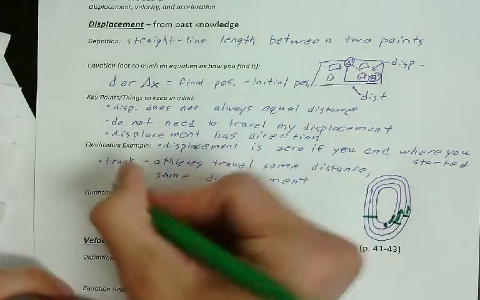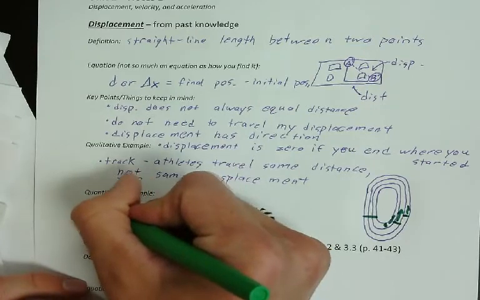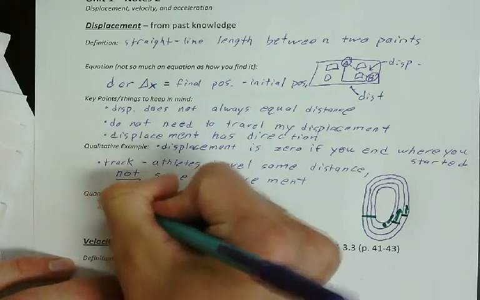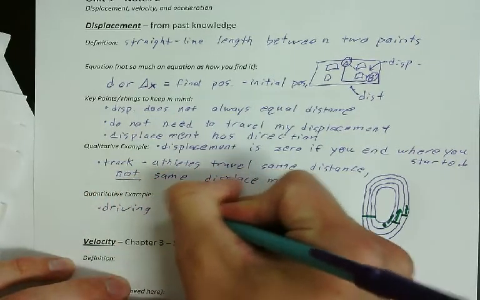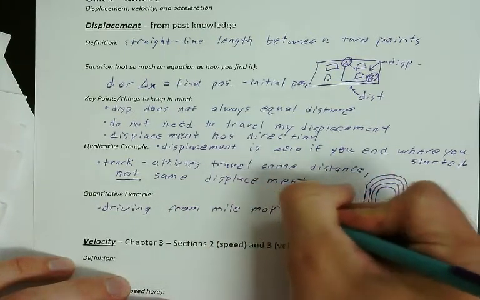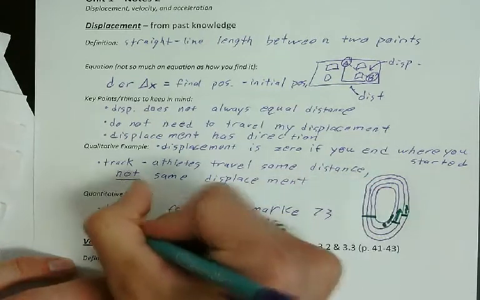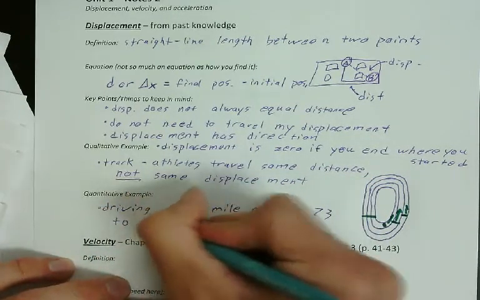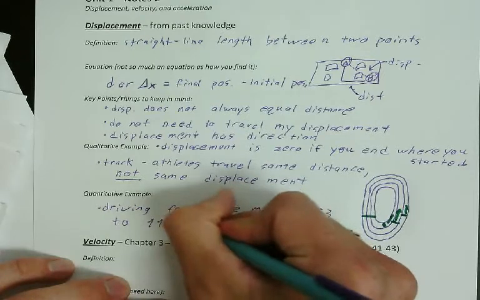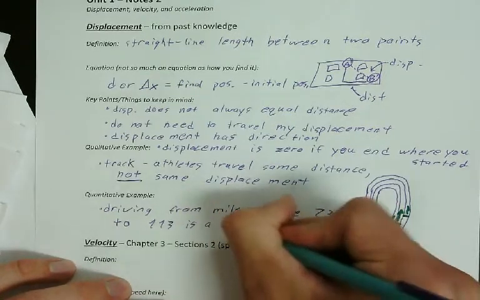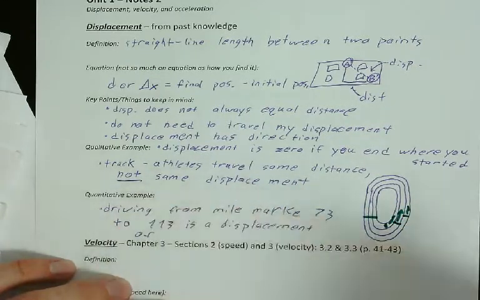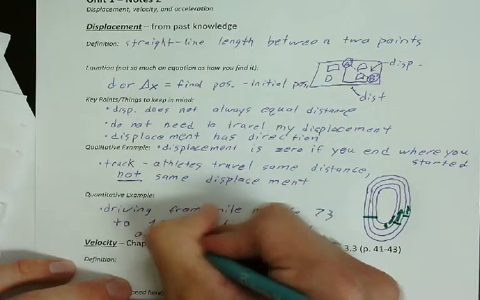So I'll say something like, let's not use a different color. So driving from mile marker 73 to 113, let's make a happy number, is a displacement of 40 miles.